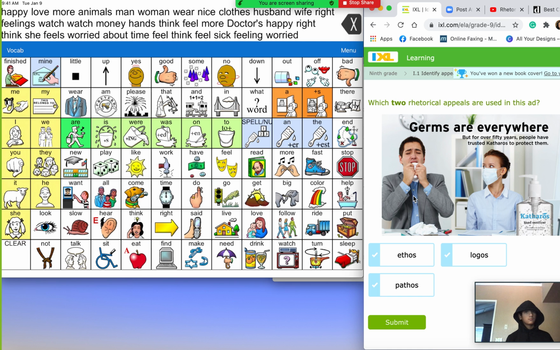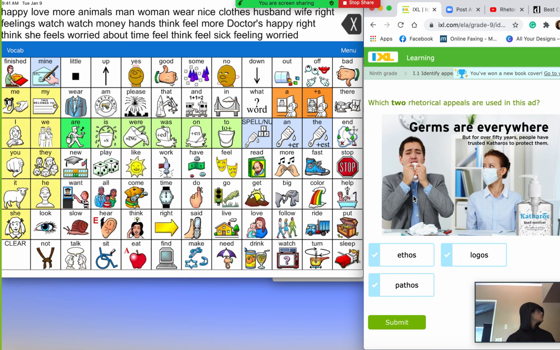Yeah, so you got someone feeling sick and someone feeling worried, but they hopefully feel a little better because they're wearing this mask and they've hand sanitized, right? So now we have to figure out what rhetorical appeals were used to make us feel this way or to make us want to buy this, right?